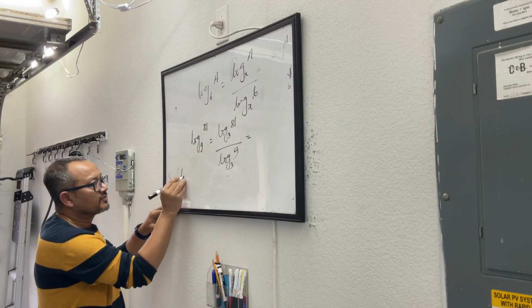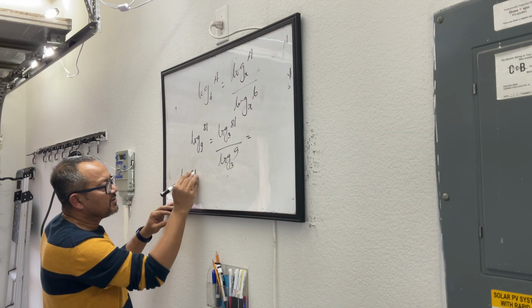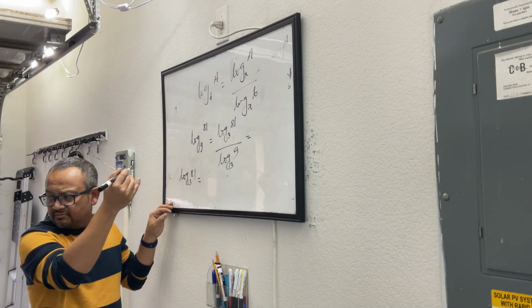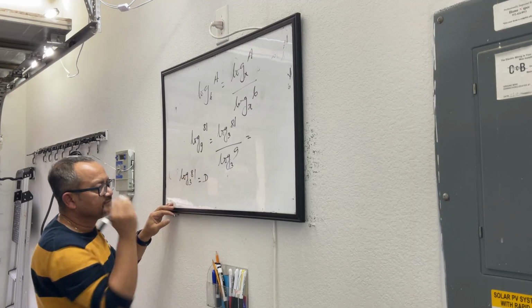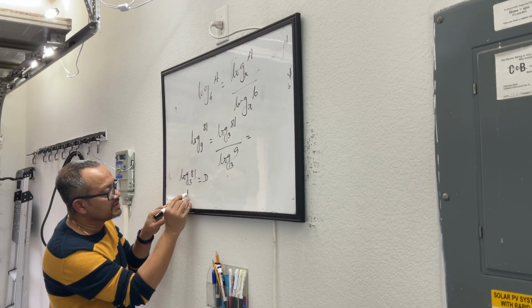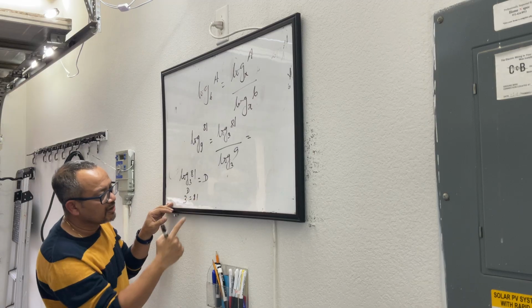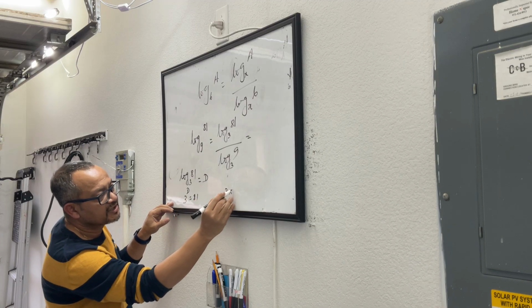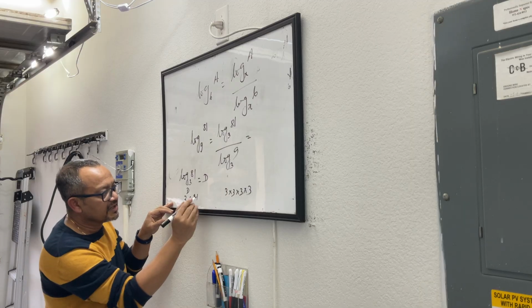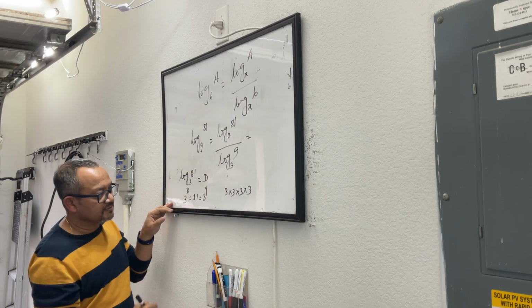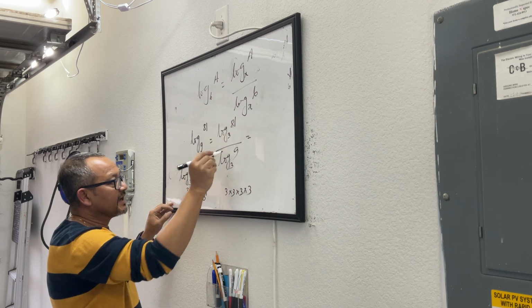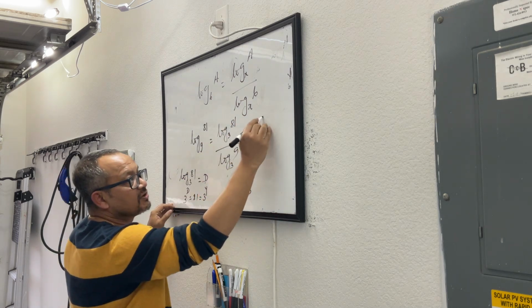Let's say log of 81 base 3 is equal to d. So that means 3 to the power d equals 81. Now let's look at it. 81 is 3 into 3 is 9, into 3 is 27, into 3 is 81. So that is 3 to the power 4. That means d is equal to 4.